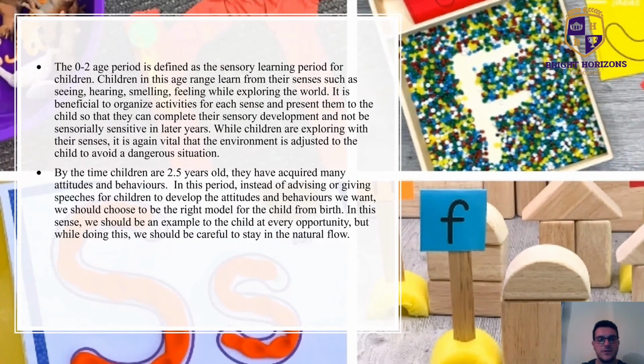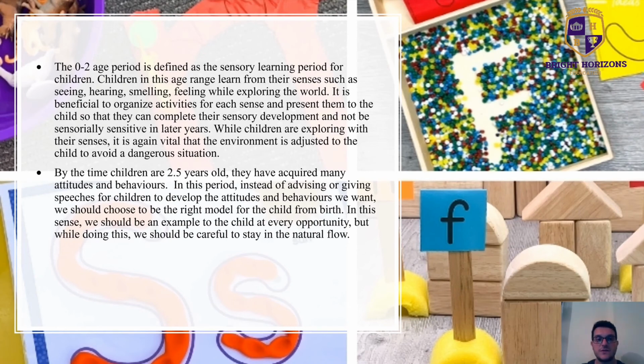The age between 0 and 2 is defined as the sensory learning period for children. The children in this age range learn from their senses, such as seeing, hearing, smelling, and feeling, while exploring the world.